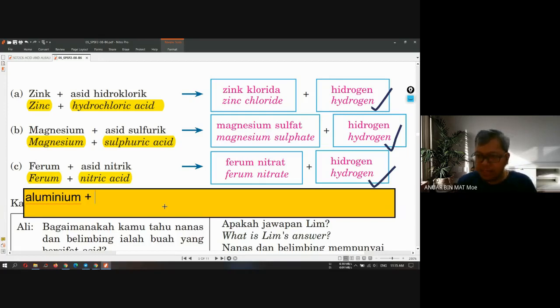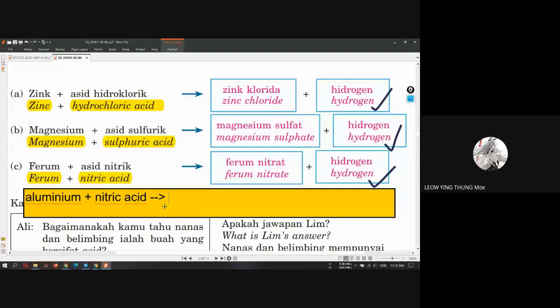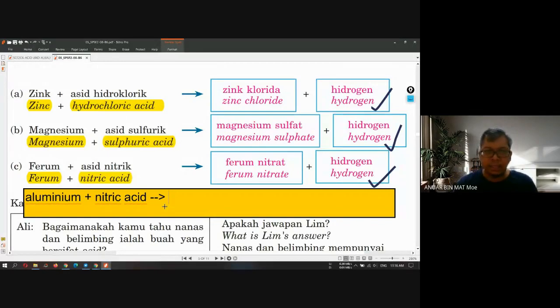Aluminium is a metal, right? Aluminium plus nitric acid, it will become what? Of course, what is the gas produced? Hydrogen. Aluminium plus nitric acid will become what?